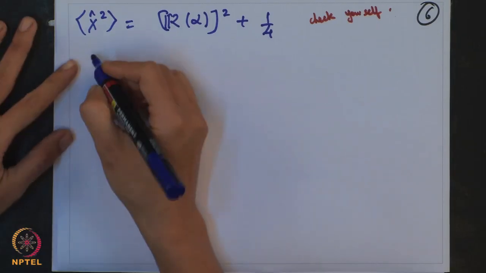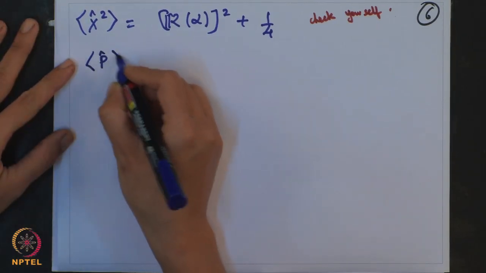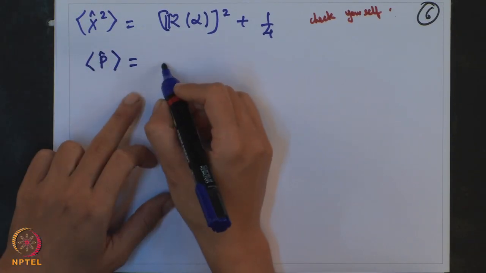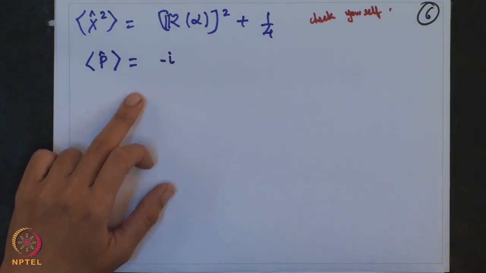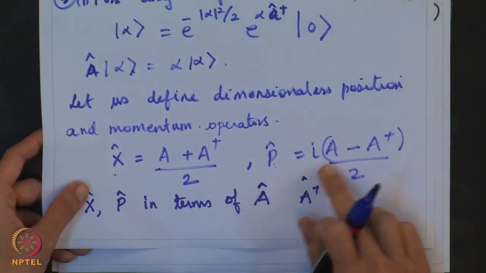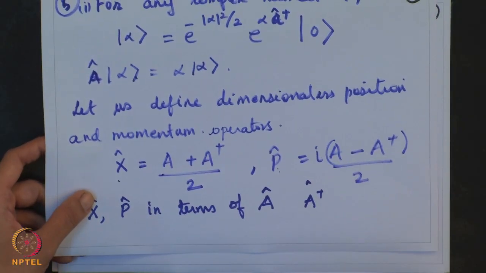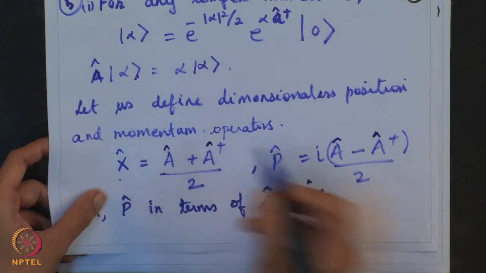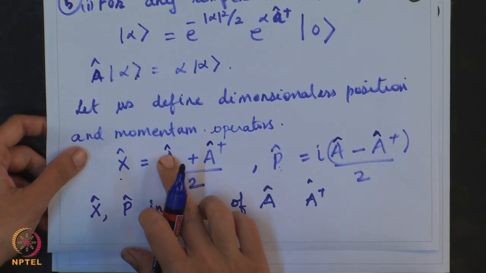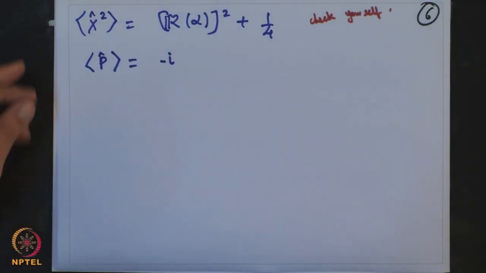Okay. Then I will write what is my P. We have seen that operator P was i(A minus A dagger), and I have skipped this, but you must remember that when there is a hat, it is an operator notation.